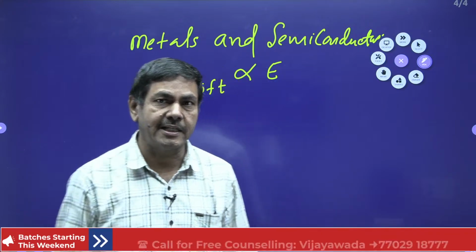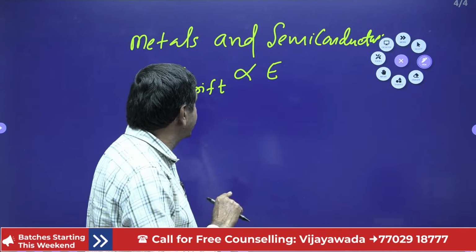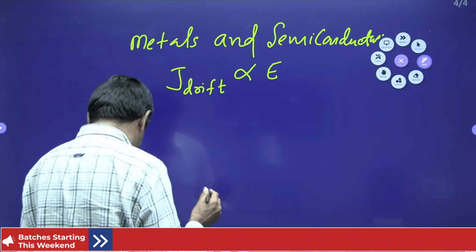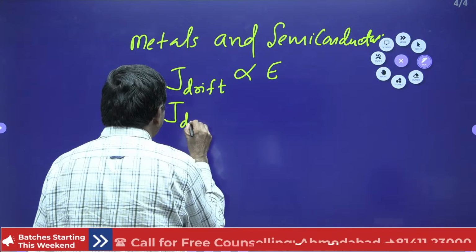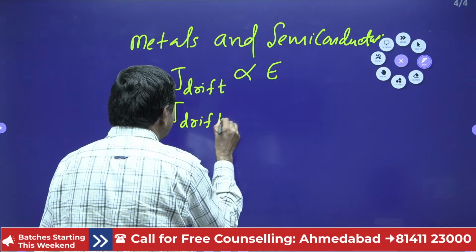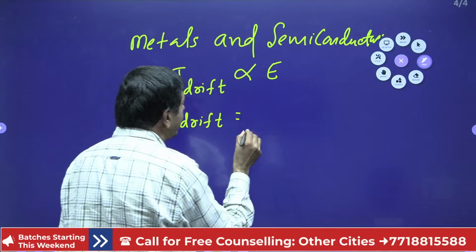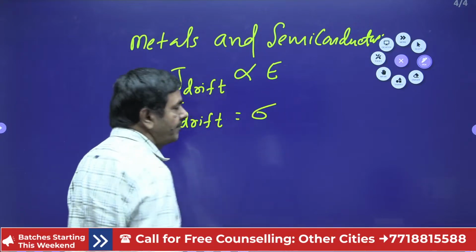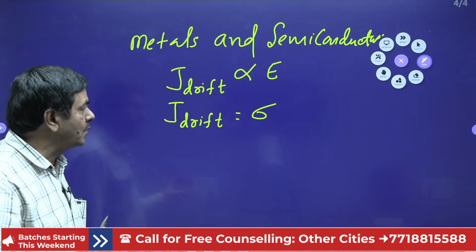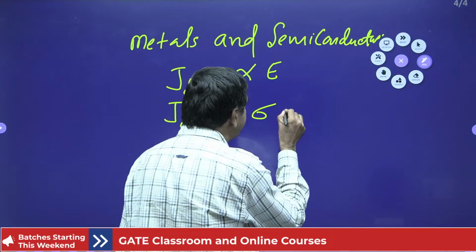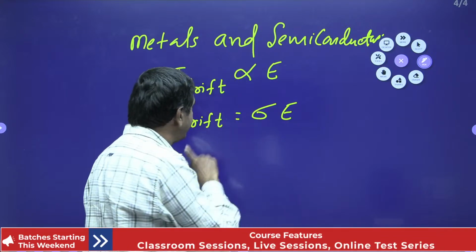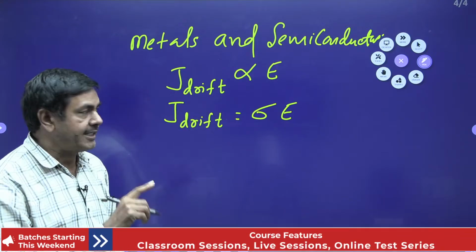The proportionality constant is taken as sigma, the conductivity. Conductivity into electric field intensity is the current density due to drift.